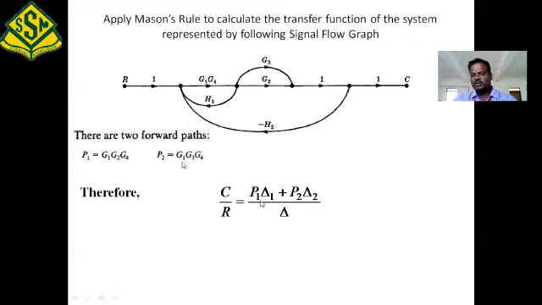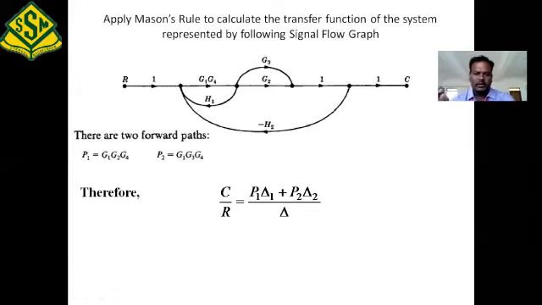Because the K value is 2. We have only two forward paths, so you can stop at P2 del 2. Our ultimate aim is to find these values. P1, P2 we already found. Del 1, del 2 and del. Once we find those values, we can easily find the transfer function.